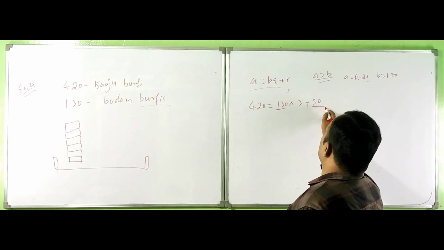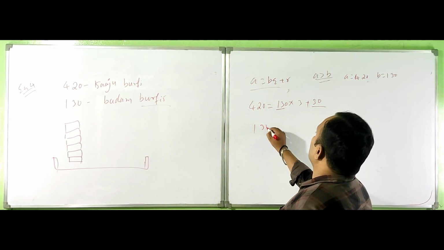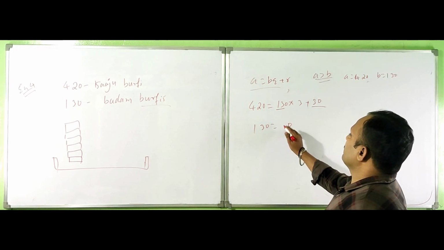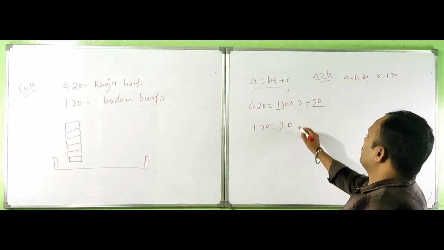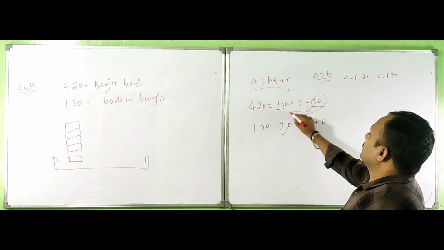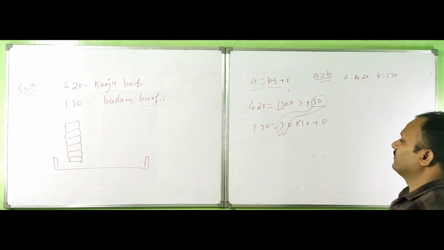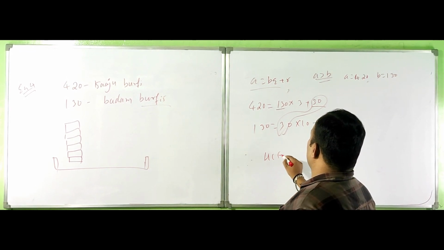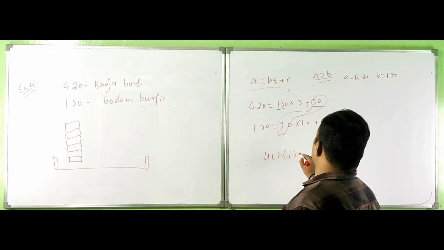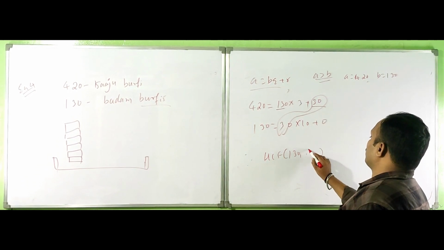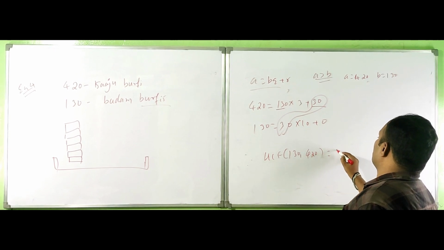Again I have to take 130 and 30, so I have to write multiples of 30. 30 into 10 we can write, plus 0. So we are getting 0 remainder. Therefore, HCF of 130 and 420 is equal to 10.